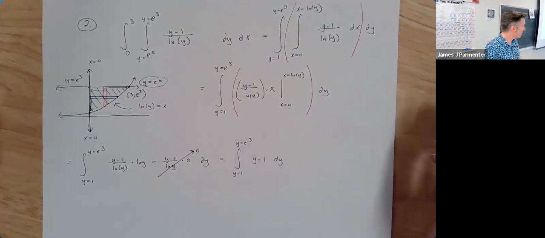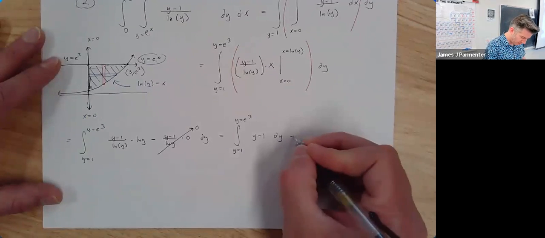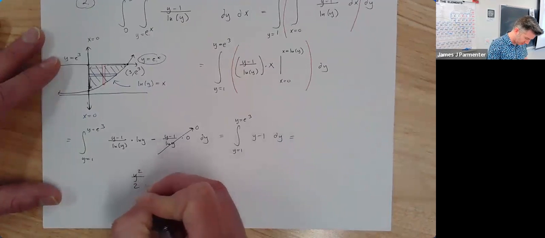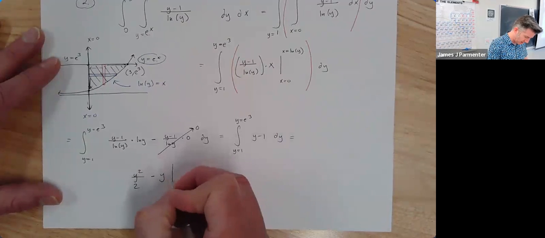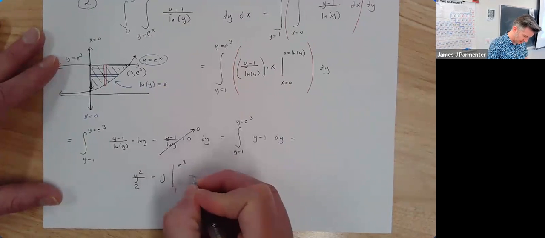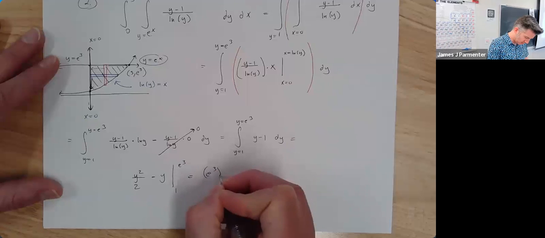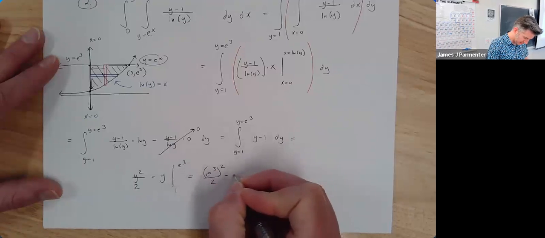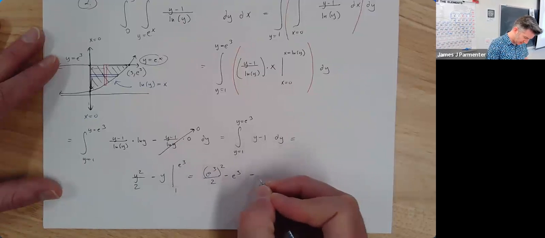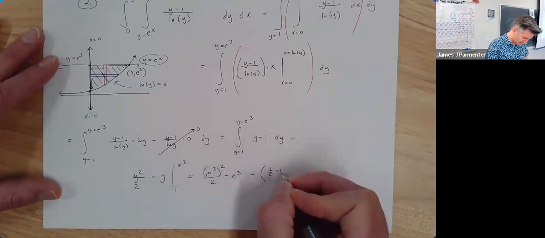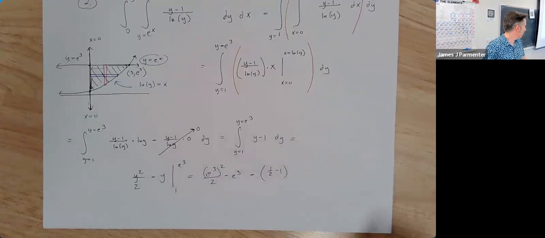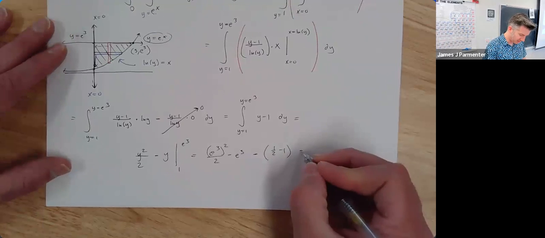And that's a pretty straight shot, right? The antiderivative of y is y squared over 2. The antiderivative of 1 is y. You're going from 1 to e cubed, so you're going to get e cubed squared over 2 minus e cubed, minus 1/2 minus 1. And I guess we could simplify it a tiny bit if we really have to.